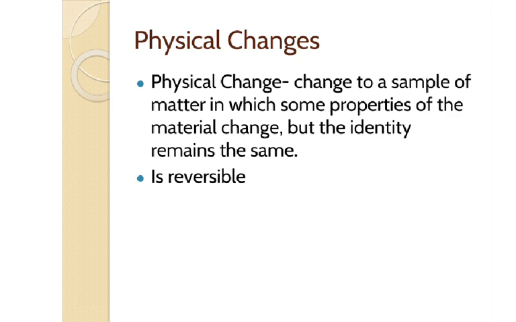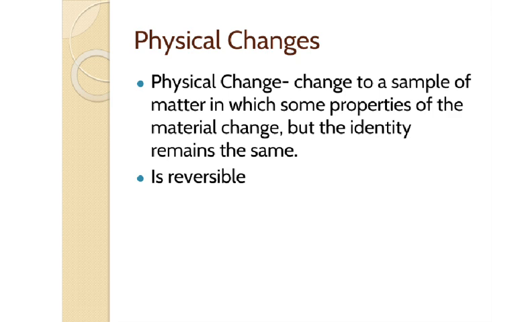A physical change is a change to a sample of matter in which properties of the material change, but the identity remains the same. So a physical change is going to change the property. It does the action. For example, if I have a red apple, the color is my property, and if I want to dye or color it in a different color, I am going to change the property.